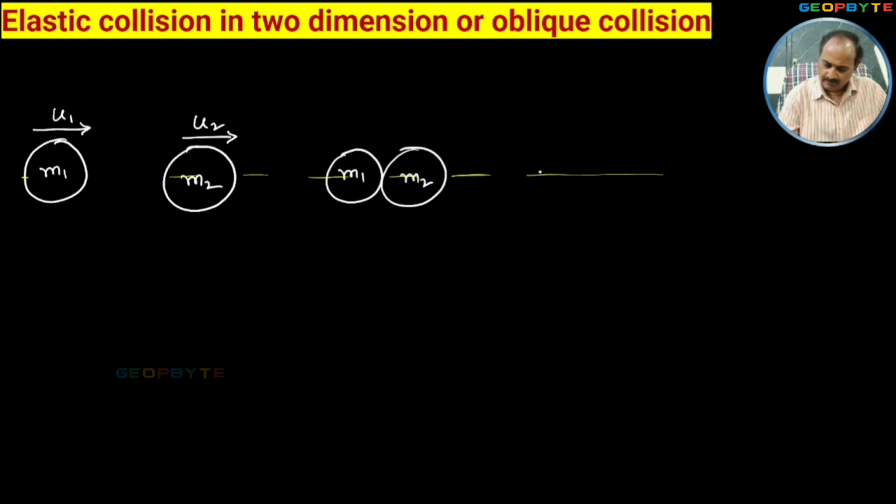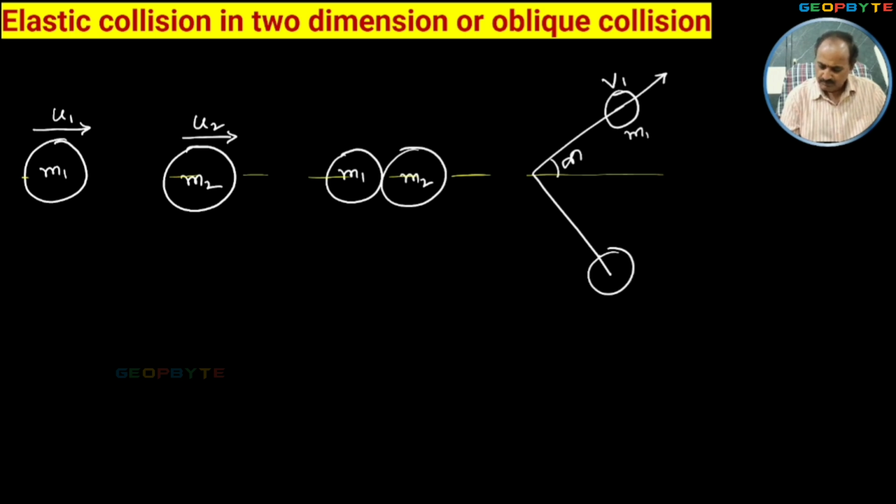Let us say body 1 is moving in this direction with a velocity v1 at an angle alpha with the line of action, and body B, the second body with mass m2, is moving in this direction at an angle beta with a velocity v2.